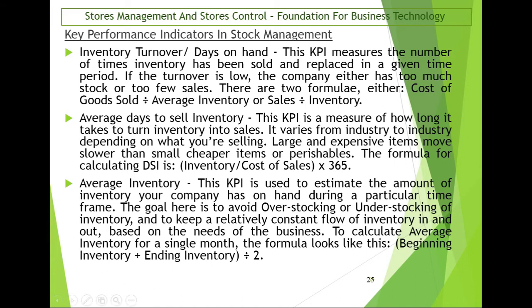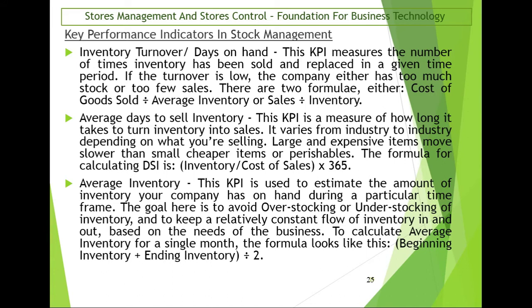The next KPI is called average days to sell inventory. This is a measure of how long it takes to turn inventory into sales. So in other words, after we have bought our inventory, on average, how long does it take before that inventory has been sold?